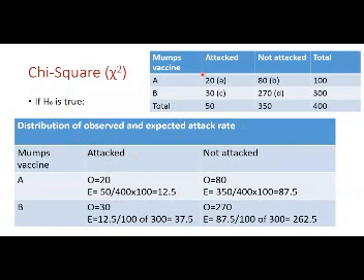We observed that 20 are attacked. 20 is observed, while expected is 50 out of 400. These 50 out of the 400 are attacked. When we calculate and express as percentage, this is coming out to be 12.5.